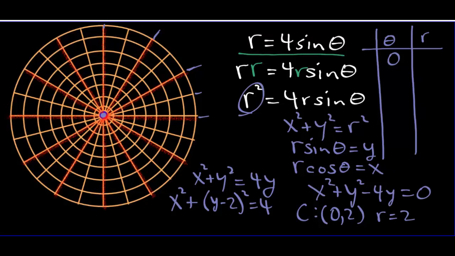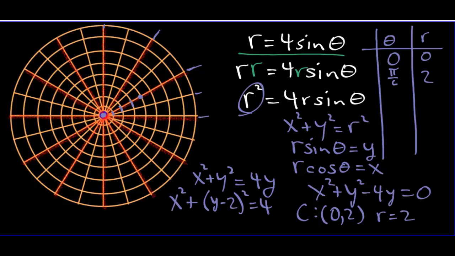The next thing I come to is pi over 6. Sine of pi over 6 is 1/2. 4 times 1/2 is 2. So I'm going to count these as a half: here's 1/2, here's 1, here's 1.5, here's 2. Right there. So I get that point.